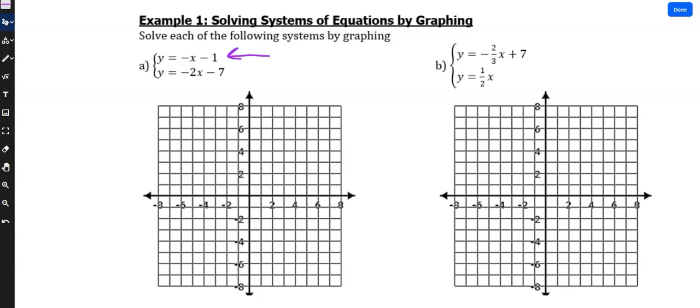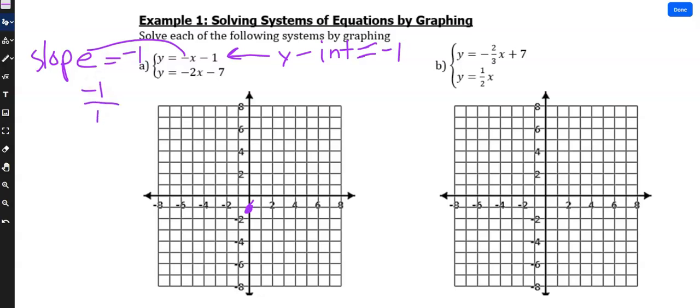Well, the first one has a y-intercept at -1, so I know that it's going to cross through at -1. It's also got a slope of -1, and we remember that that means the same thing as down 1, right 1.